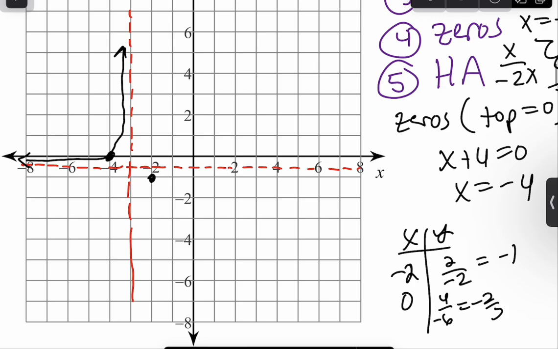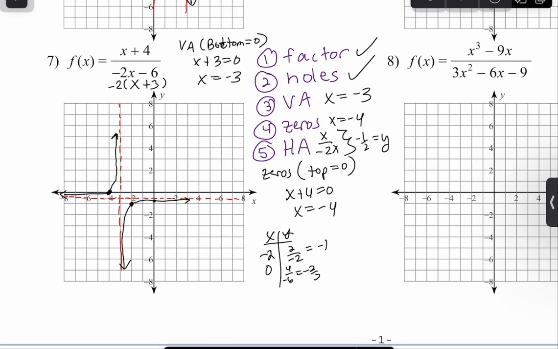We're just under that asymptote. And it makes sense now because we got to follow this asymptote, hit those 2 points, and keep getting closer and closer to that one. So that's how we graph problem number 7. So there's problem number 7.